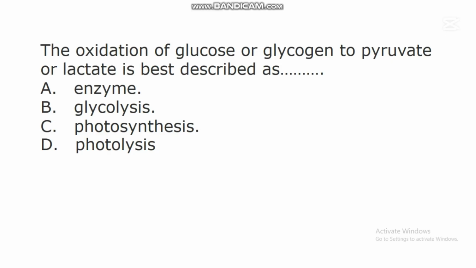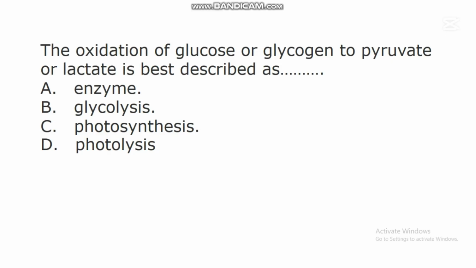The first question we have here says, the oxidation of glucose or glycogen to pyruvate or lactate is best described as dash. A. Enzyme. B. Glycolysis. C. Photosynthesis. D. Photolysis.